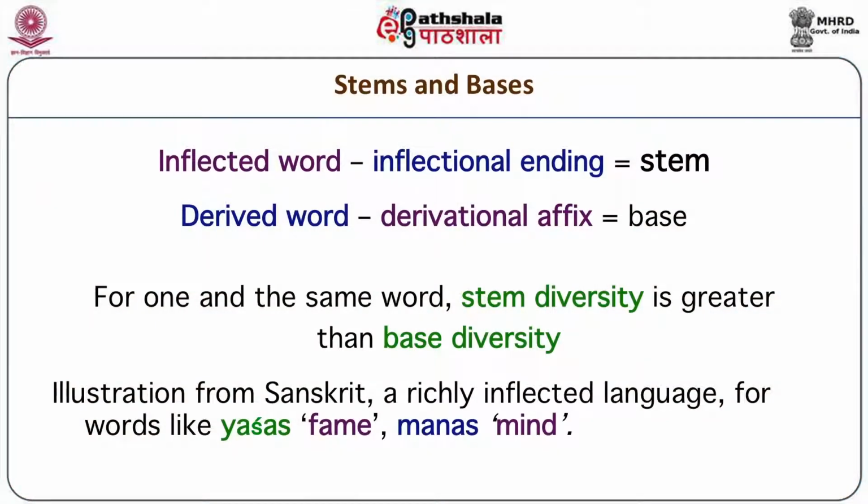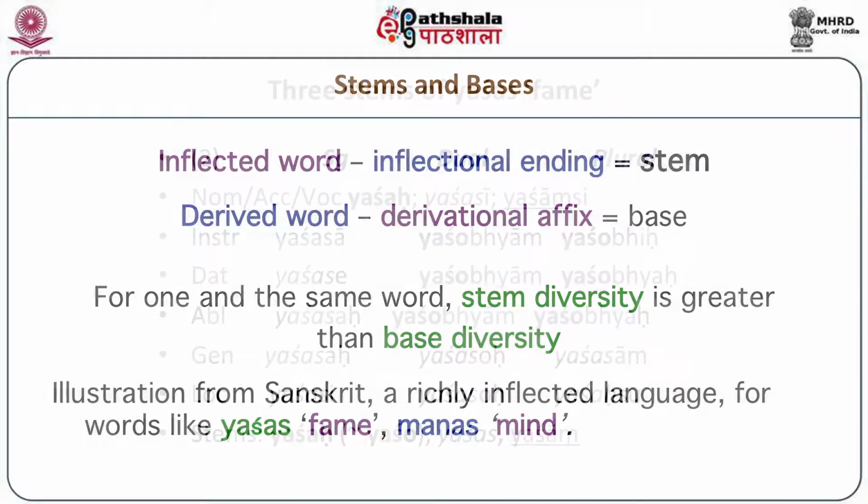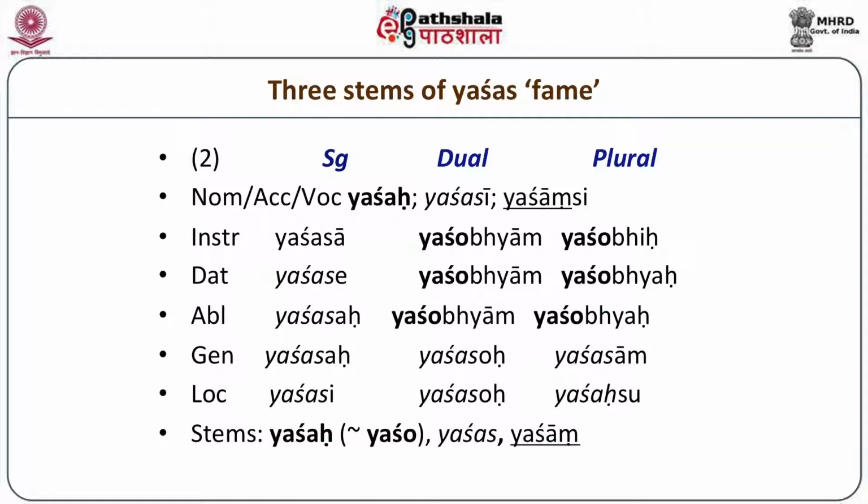To see the point of making the distinction, it is useful to go to a language like Sanskrit. The inflectional chart for the word manas, mind, shows you that you've got the following: manah, manasi, manansi, manasa, manobhya, manobhih, manase, manobhya, manobhyah, manasa, etc. In that chart, when you sit and count how many different stems can be seen, you will discover that a word like manas or yashas takes 4 different forms.